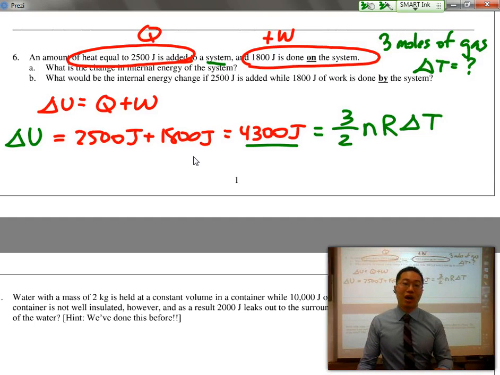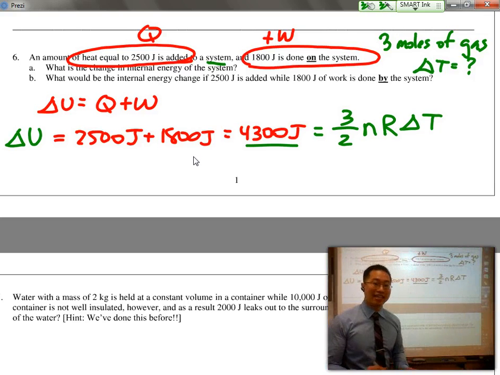It's just that if you have a smaller gas particle, it's moving faster. A larger gas molecule would be moving slower, but the internal energy would be exactly the same amount.